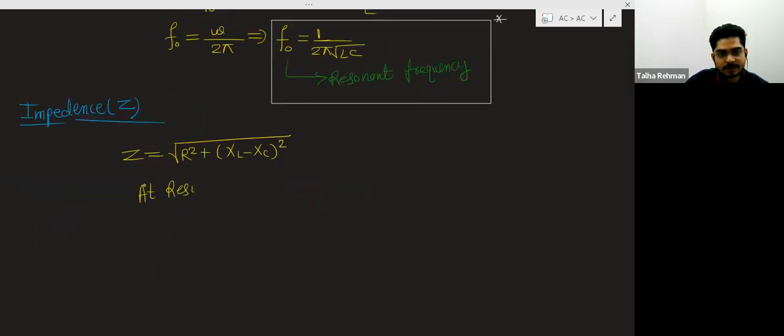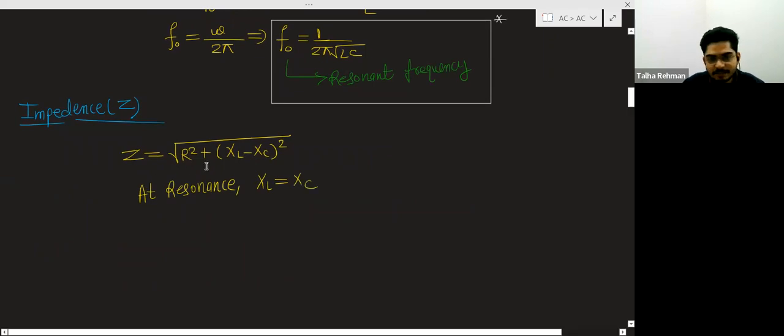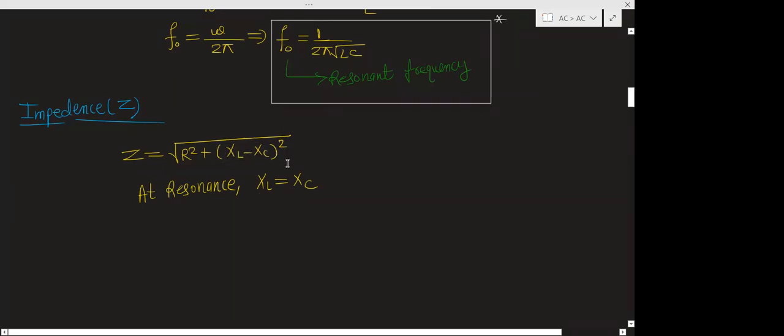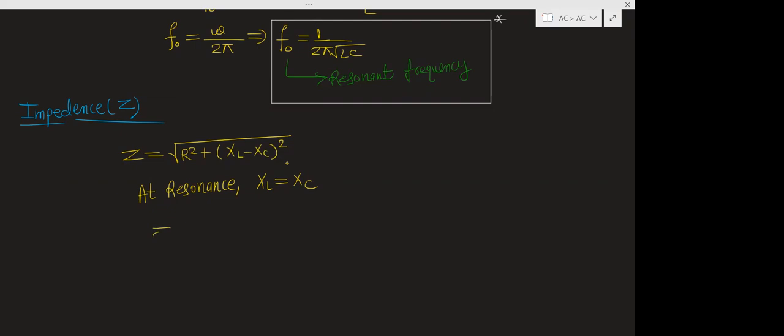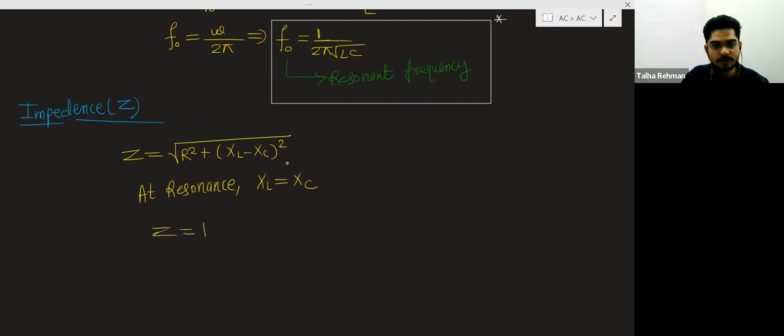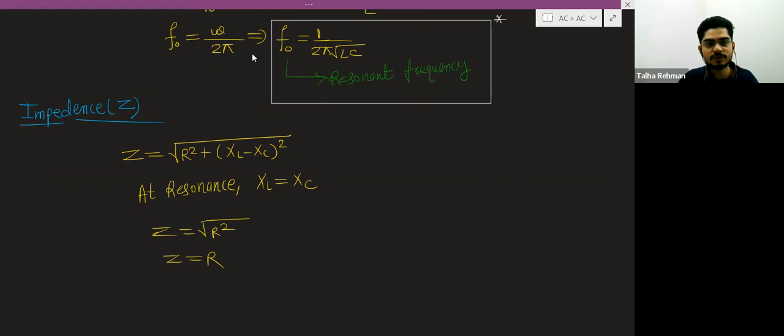When XL becomes equal to XC, this term will become 0. So you will have Z is equal to under root of R square, which basically means the impedance of the circuit Z is equal to R.